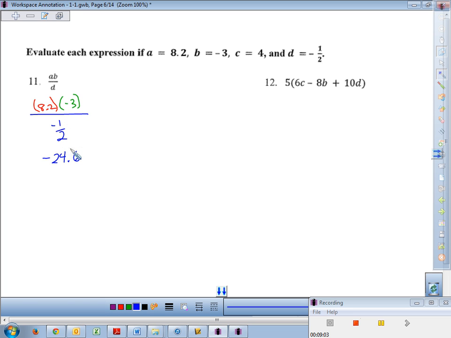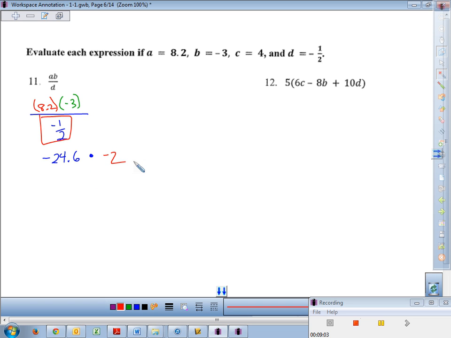And then this is divide by a negative 1/2. Well, we can't have a fraction inside of a fraction. So you always keep the numerator the same, but instead of dividing by a negative 1/2, we're going to change it to a multiplication problem. And we will multiply by the reciprocal of the denominator. What is the reciprocal of the denominator? Not 2. Negative 2.